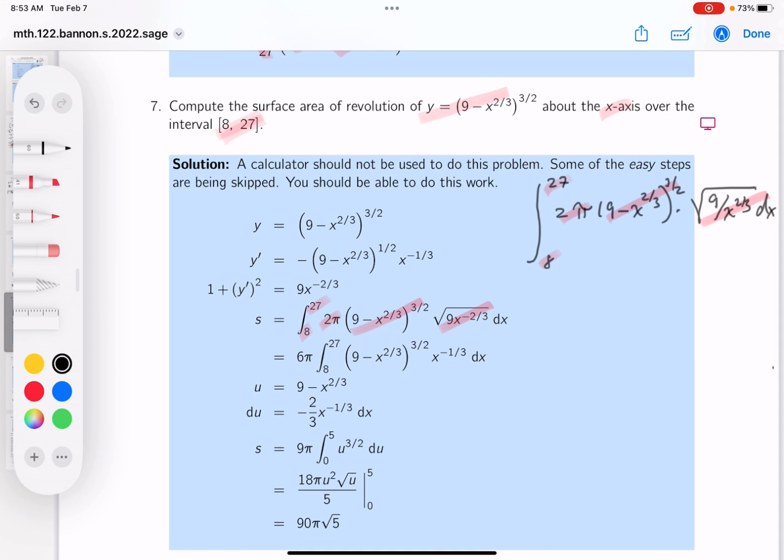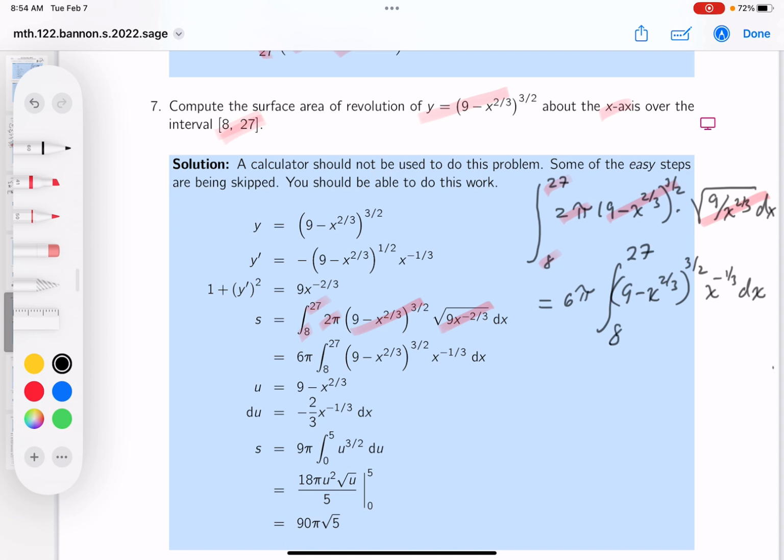Let's take a look. I'm going to do the number first. The square root of 9 is 3, and 3 times 2 times pi is 6 pi. You get the integral from 8 to 27. I'm seeing the (9 minus x^(2/3)) to the 3/2 power, and when you take the square root of 9 over x^(2/3), you get 3 over x^(1/3), which is x to the minus 1/3, dx.